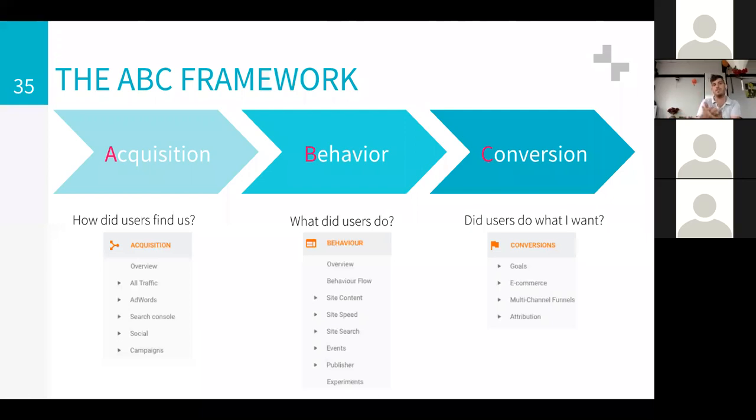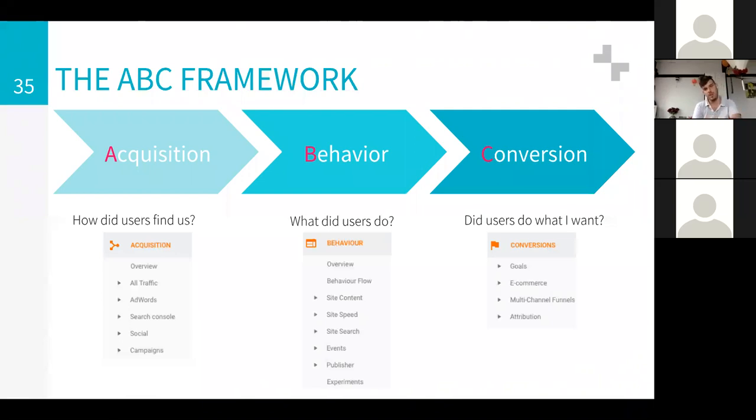So acquisition is how did users access your website, where they were coming from: organic search, one of my ads in AdWords, another website. And then the behavior is what did the user do in my website, what pages he has seen, how long he stayed on those pages, did he bounce, the different events, so the interaction that he had with my content.